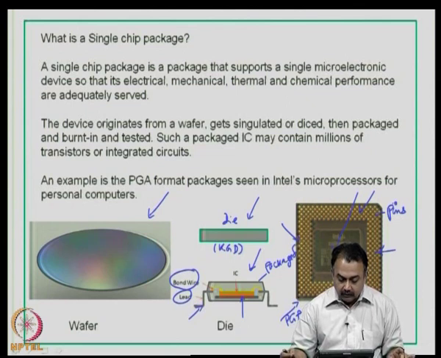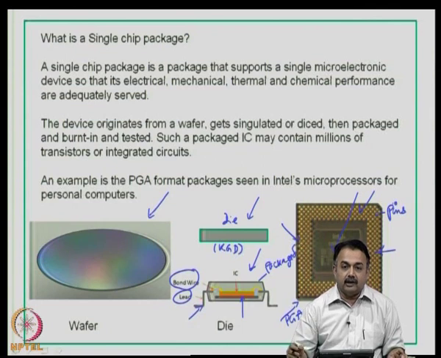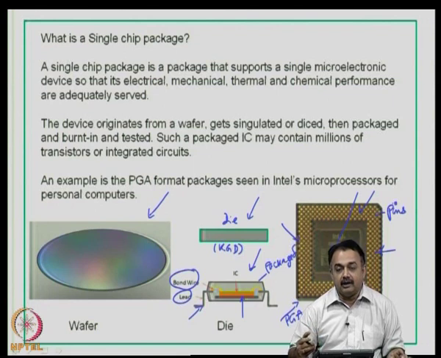So, various companies like Intel also bring out their microprocessors in a PGA format. Some of them will bring in a ball grid array format, and some others in a QFP format. That depends on the number of IOs and also the pitch.